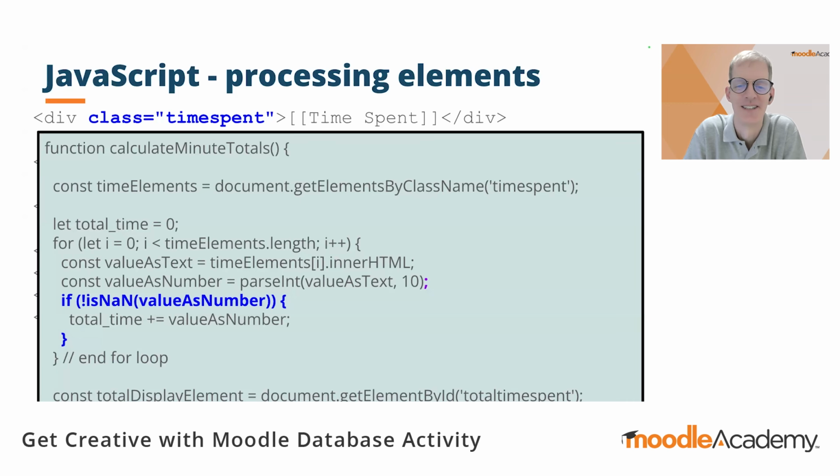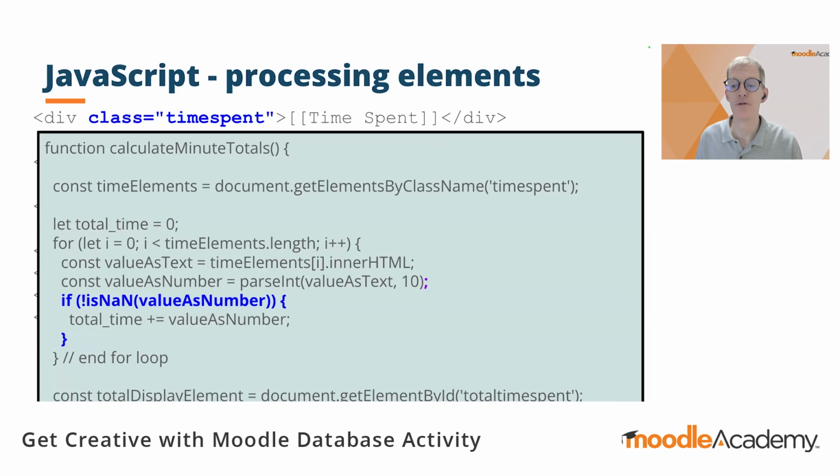Not a number. Okay, so for example, if they typed in the word 20, and you tried to convert the word 20 into a number, it would just say NaN.